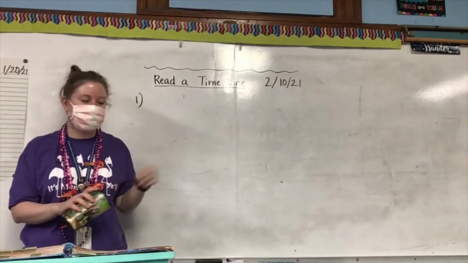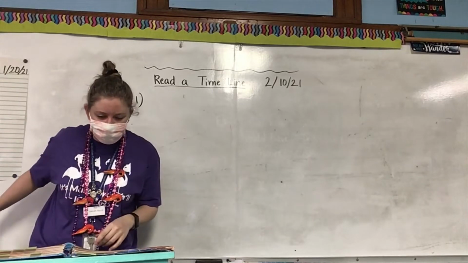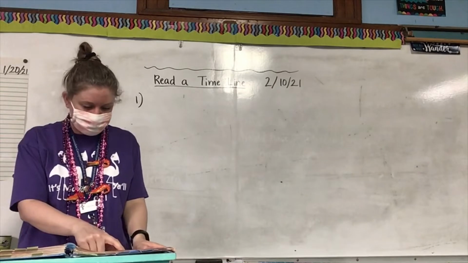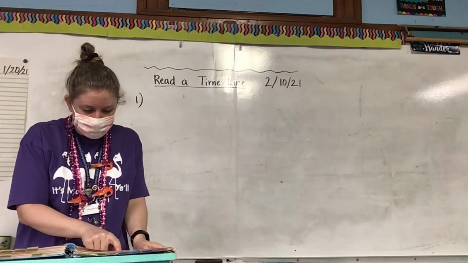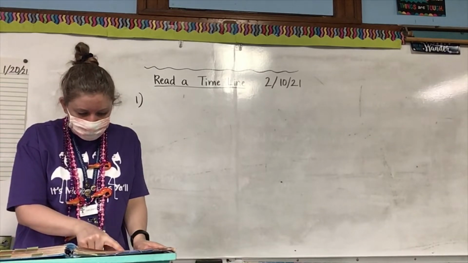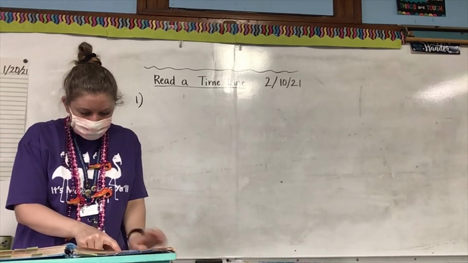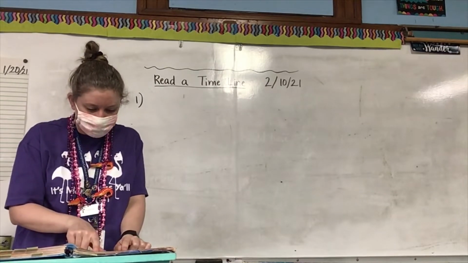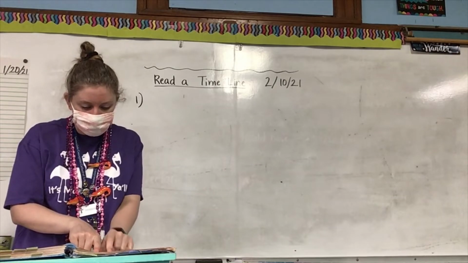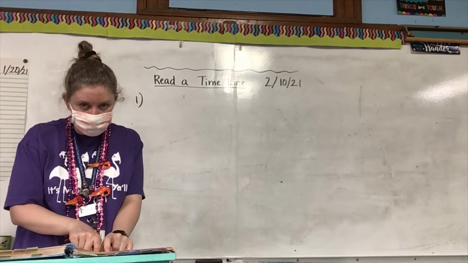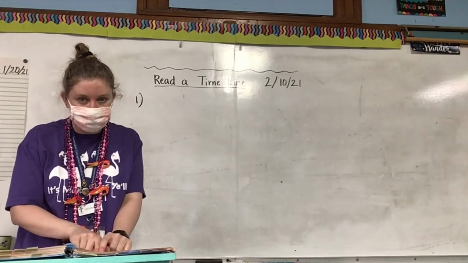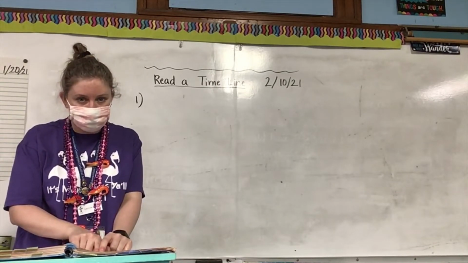What is a timeline? Michaela, read that first paragraph under Learn. You don't have to read Learn. A timeline can show events that took place during 1 day, 1 month, 1 year, 1 decade, or longer.